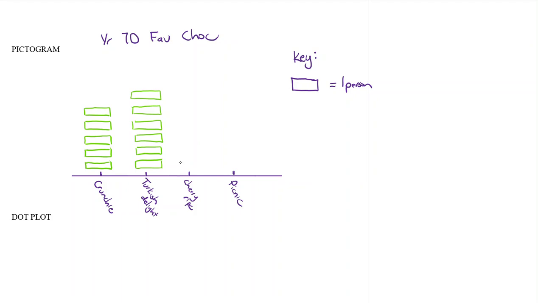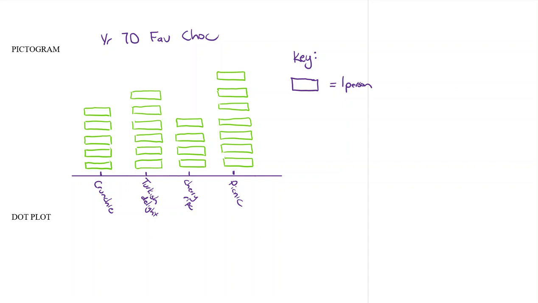Cherry Ripes, I need 4. 1, 2, 3, 4, and Picnic needs 7. There we go. That is our pictograph, or our pictogram.